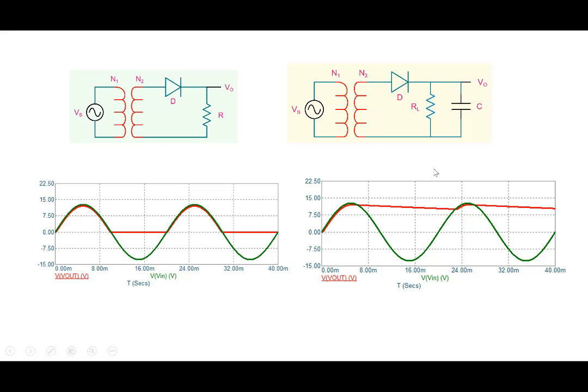And the capacitor will start to discharge through RL, but if we choose the capacitor properly, the discharge is very small, and therefore you get almost a constant voltage here. And whatever amount of charge has been lost through RL, when the next positive cycle comes in, the diode momentarily turns on again and restores the capacitor voltage to the value of 12 volt or so, for which we have designed the circuit. And this process repeats.